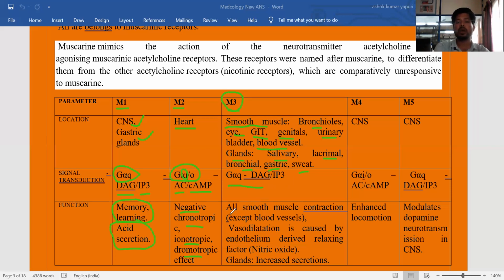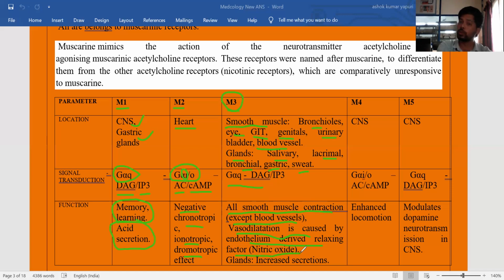Regarding the function, all smooth muscle produces contraction when acetylcholine binds to the receptors, with the exception of blood vessels. Blood vessel is also a smooth muscle, but vasodilation is caused by endothelium derived relaxing factor, nitric oxide.